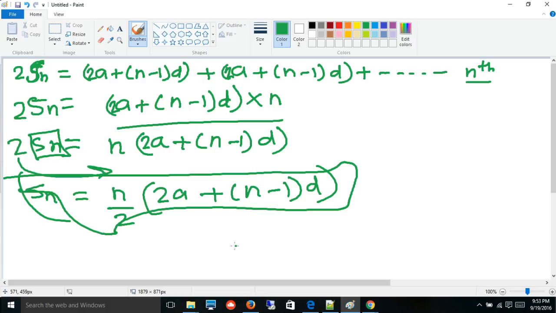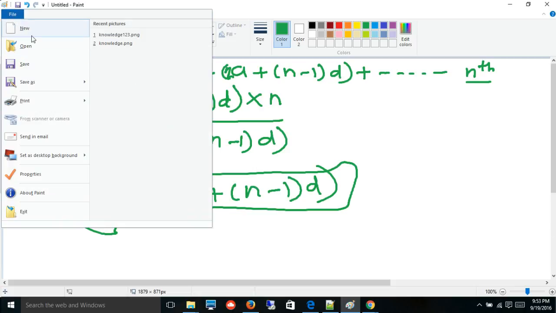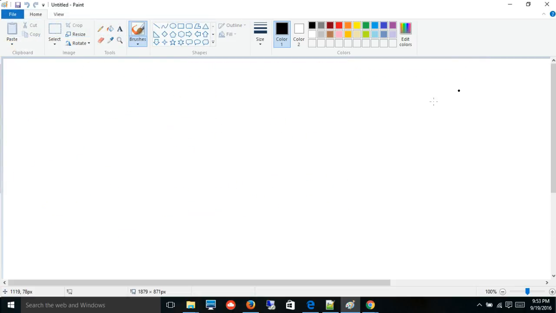I hope you understand the derivation. I have a problem with my screen, that's why I did not cover it in full screen. Otherwise I could revise. So now we understand the formula for the summation of the arithmetic series.